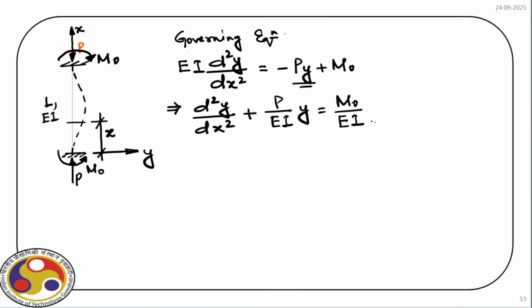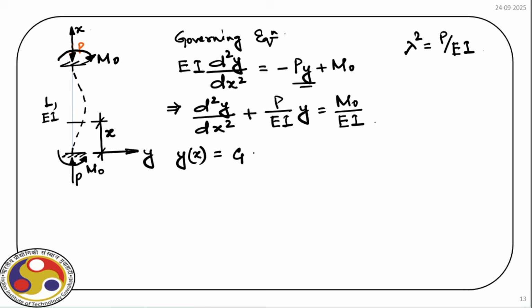Now, for this problem again, on the right hand side we have a non-zero term, and therefore we'll have the total solution as the sum of complementary function and particular integral. So let us assume that lambda square is equal to P by EI.